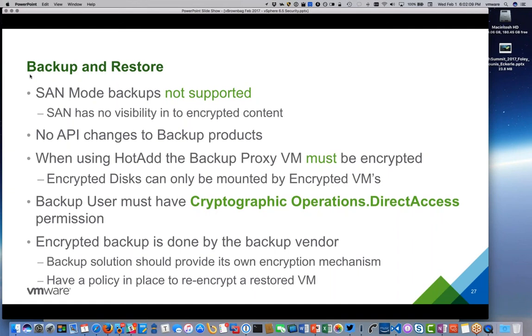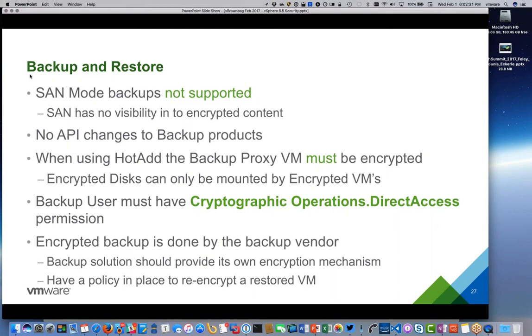That gives that user the ability to see the contents of the encrypted VMDK. Now, it is up to the backup vendor to then encrypt the contents that they are backing up, because their backup proxy VM sees all the data in the clear.